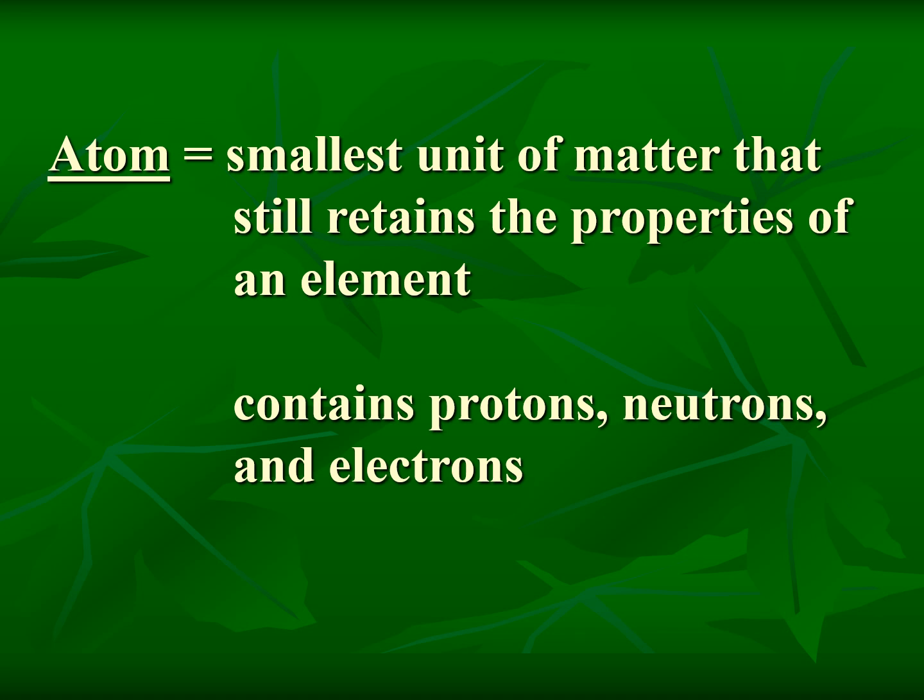Now, an atom is the smallest unit of matter that will still retain the properties of that element. So if you have oxygen, the element oxygen is composed of atoms. Now, remember, an element you can't break down by ordinary means into smaller components.